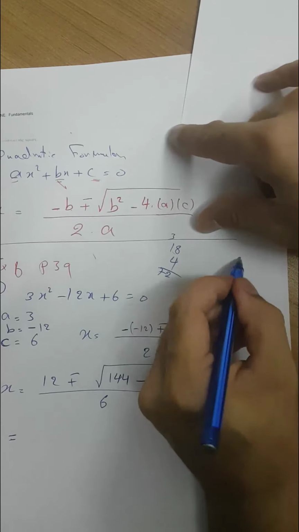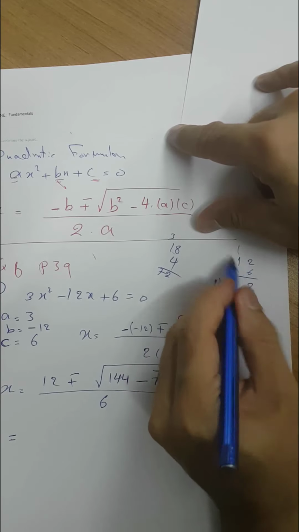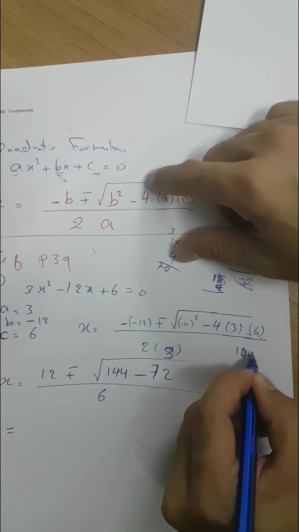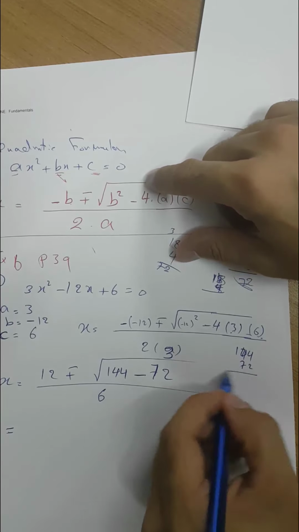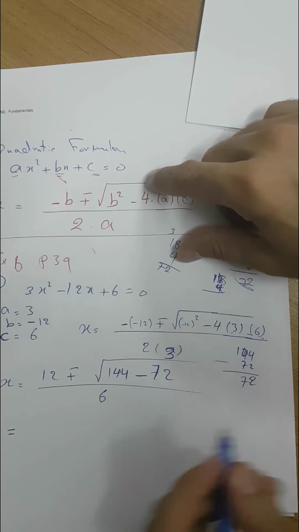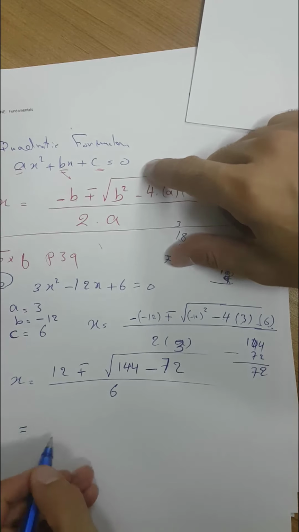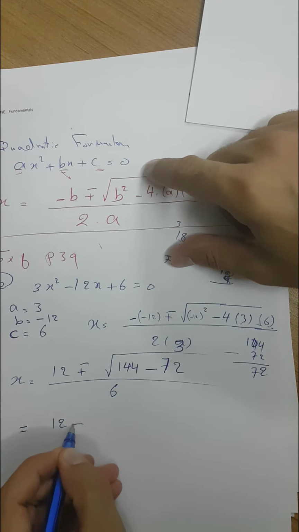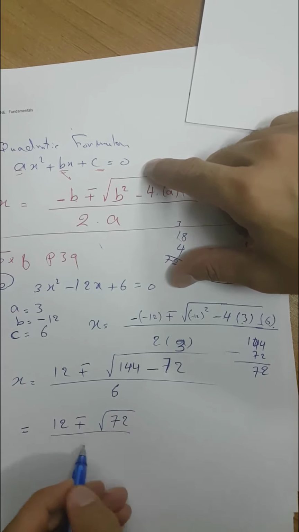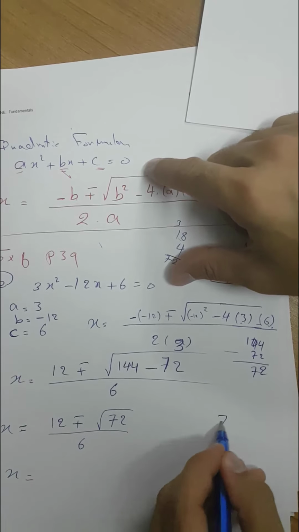I think maybe I made a mistake. Let me do it. Okay, 144 minus 72 is 72. So it remains 72. So we got 72 over 6. Now, how do I find this? You can use the calculator. How do you find this one?